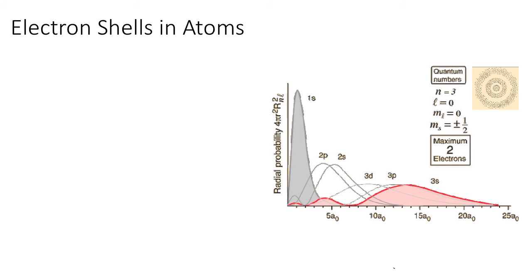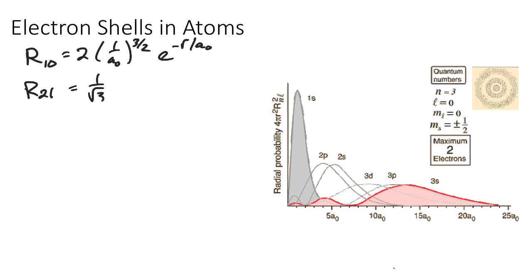So again, if we write out the lowest energy solutions for this, we're going to end up with something like R_10 is 2 times 1 over a naught to the 3 halves, e to the minus r over a naught. R_21 is 1 over square root of 3, 1 over 2a naught to the 3 halves, r over a naught, e to the minus r over 2a naught.